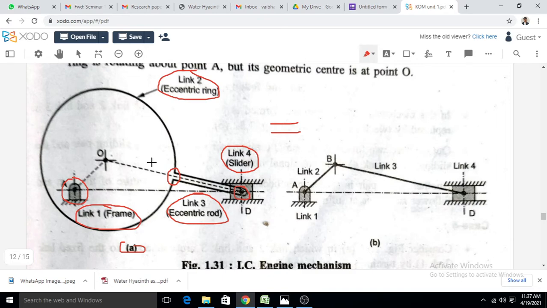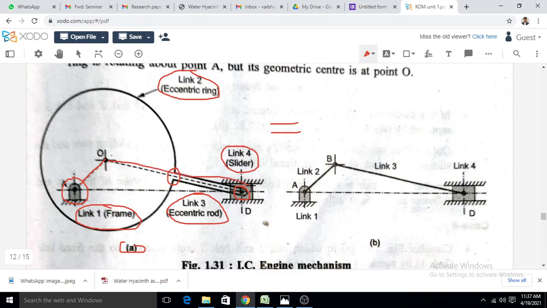Because of the non-visibility of the center of the revolute pair. The crank and the connecting rod are not directly visible. Here the center of this ring, meaning this crank, and this connecting rod are not visible.